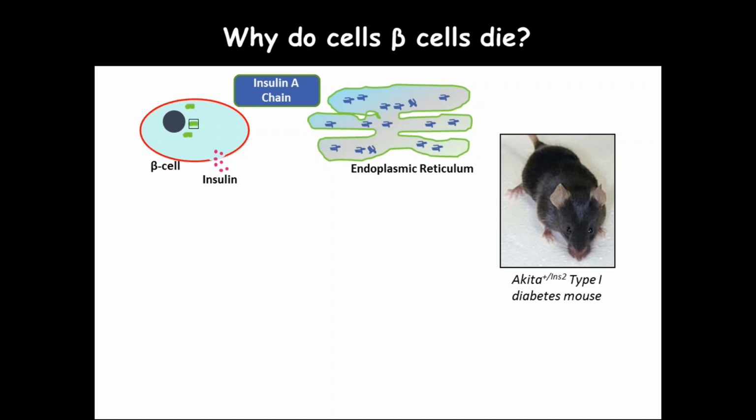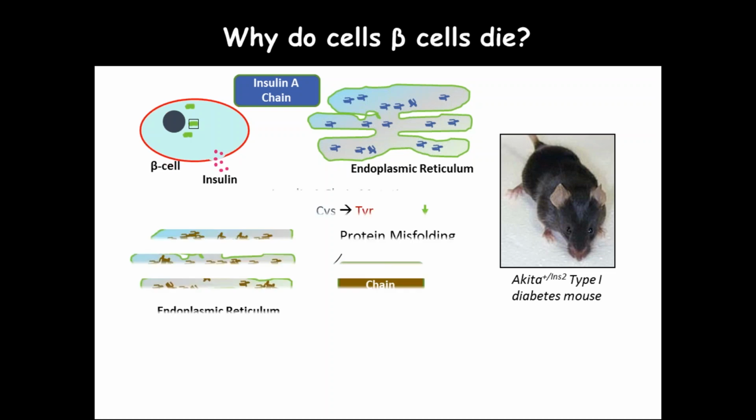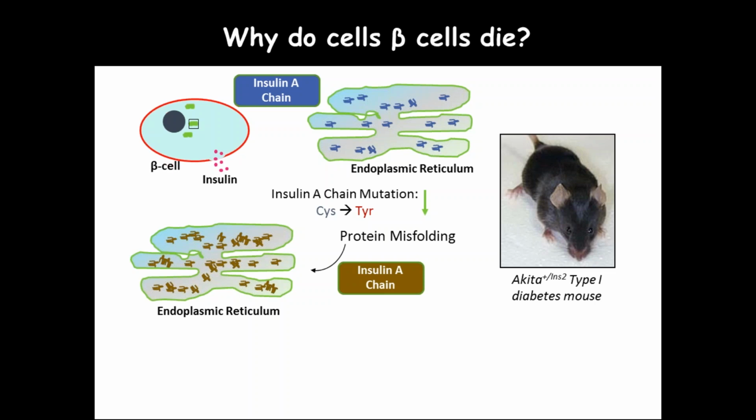Do it again. Thank you for the opportunity to talk to you today. What I'm going to talk to you about is something that's critical to diabetes. Why do the cells that make insulin, beta cells, die? To do this, we're going to use an insulin chain mutation. Insulin is being made in these cells. The cell is dedicating 50% of its effort to it. What we have is a mutation from cysteine to tyrosine, which happens in humans, which causes the misfolding.